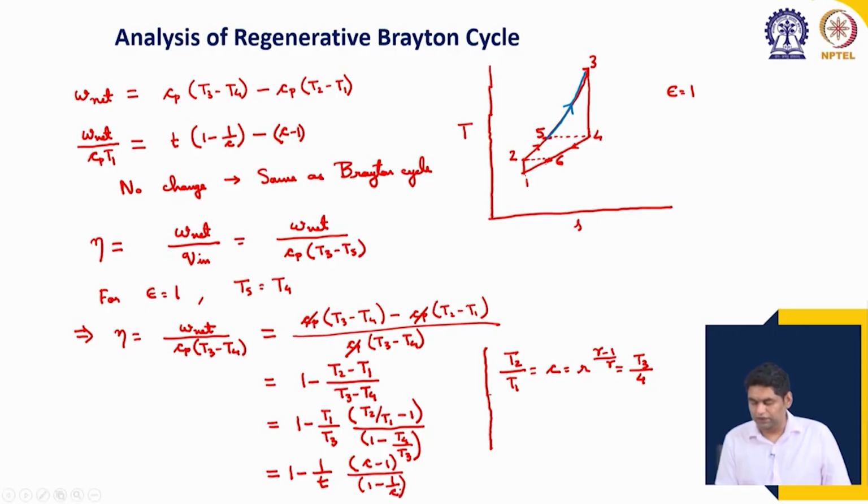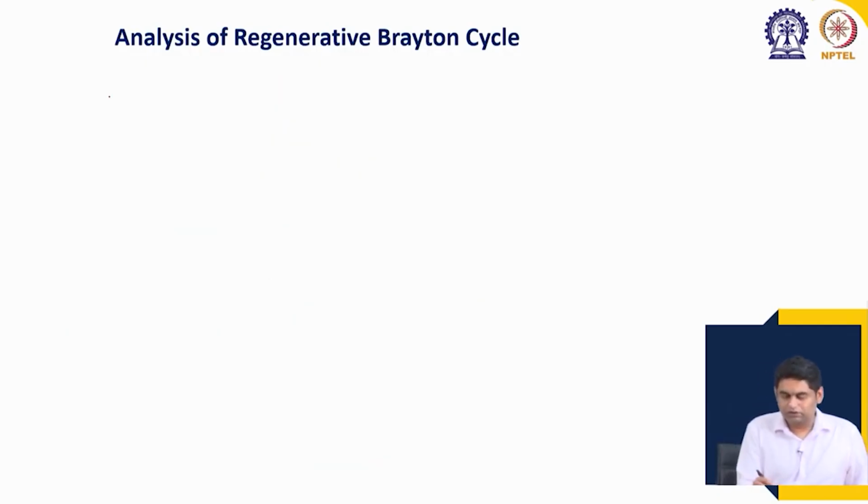Okay. If we take out C as common, we will do it in the next slide, then we are left with 1 minus C by T. Okay. Very simple expression for efficiency.